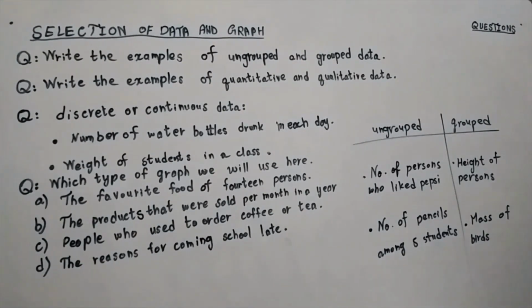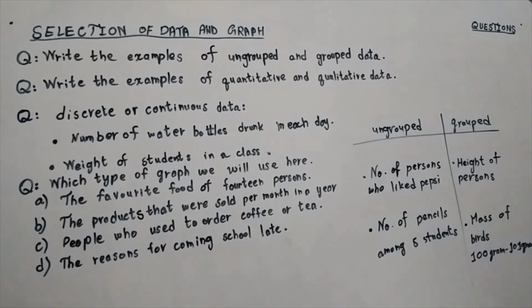So here we will make groupings. If we make our first group, 100 grams to 101 grams, then if a bird has a mass of 100.5 grams, it will lie in this category.